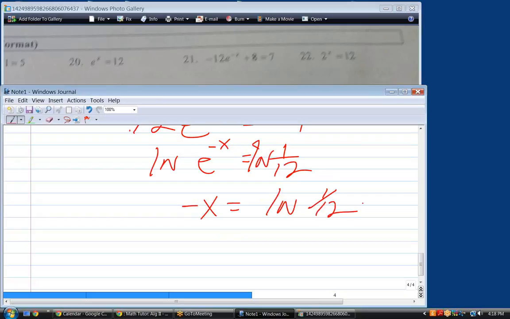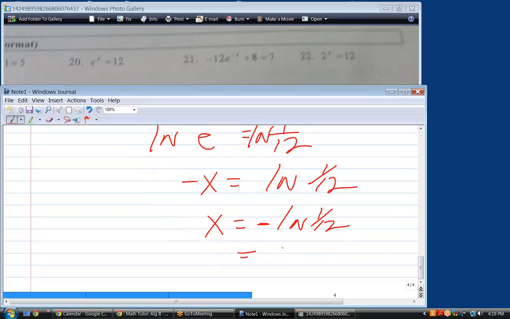And then divide both sides by -1. So x equals natural log of -1/12. No, you want to put the negative sign in front. Oh, okay.